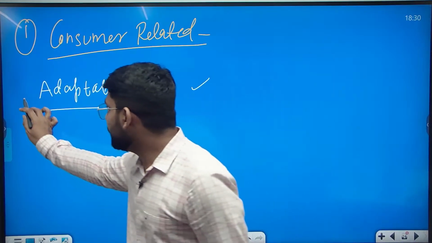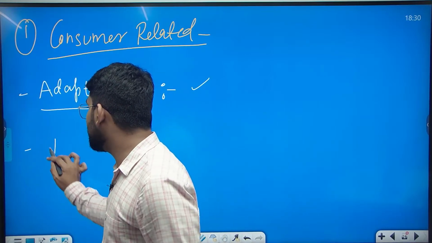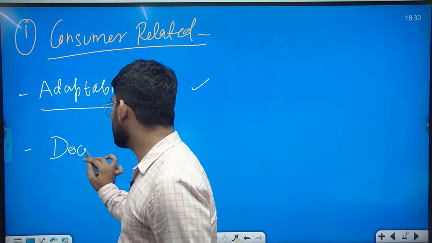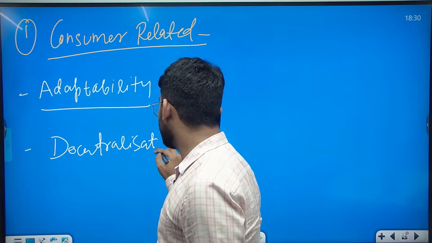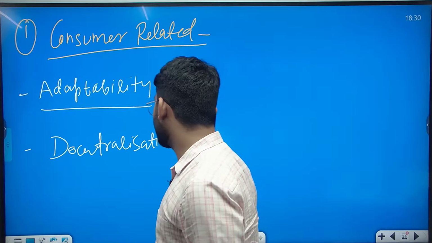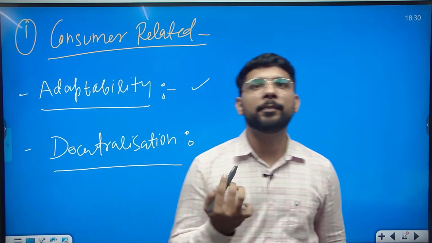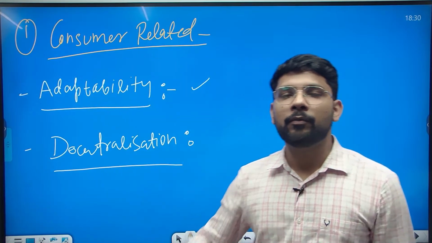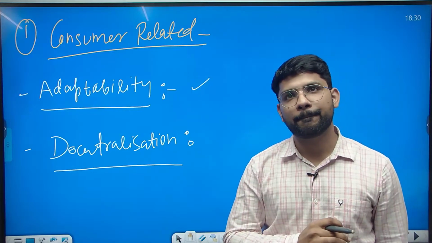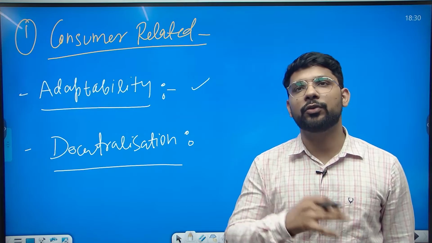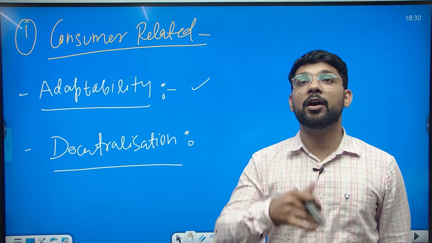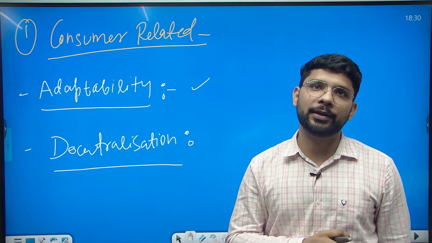The second point in this case is decentralization. There is no permission required from the government when you are installing solar energy. You can easily install solar energy at your rooftop. Even the government is running a scheme related to it.